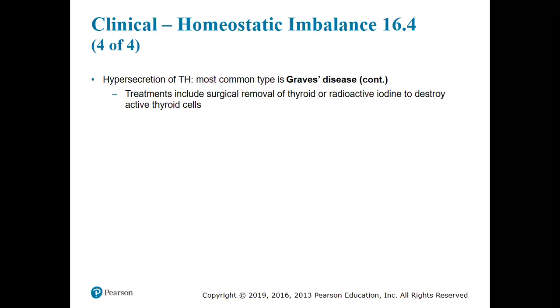So it's a wonderful treatment to use radioactive iodine to help destroy some of those cells. And why? They could also be leading to a tumor, things of that nature. Treatments could also remove the thyroid, but removal will most likely be because of cancer.